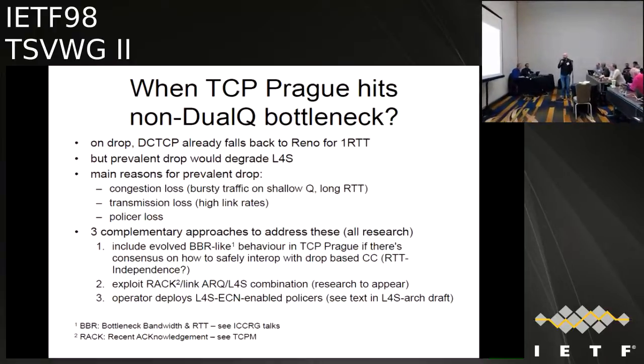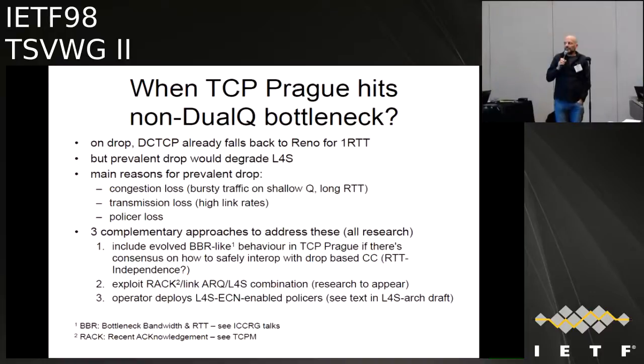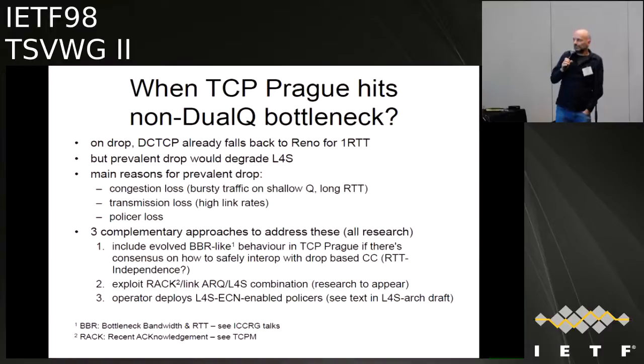So there is work ongoing in ICCRG and TCPM, I guess, to see what's the future actually for drop probability, and maybe also this work is definitely important here. You have a question from Bob. Yeah, I think there's a good chance Bob wants to respond to me.